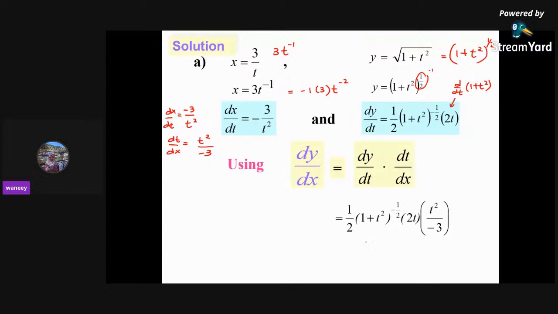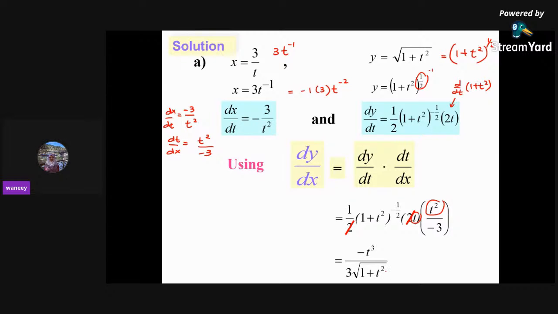Now I'm going to cancel out the 2. What we have is negative, t squared times t over here. We got a t and t squared, so that is how we get negative t cubed. And then the 3 over here comes in front, and then this is 1 plus t squared to the power of negative half. You bring them down, and since we have something to the power of half, we're going to write it as the square root of 1 plus t squared.